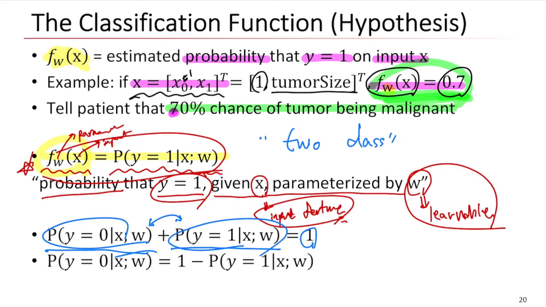The summation of these two probabilities is equal to 1, because there are only two kinds of cases. So if the probability of y equal to 1 is 0.7, then we can say that there is a 30% chance of the tumor being non-malignant, right?